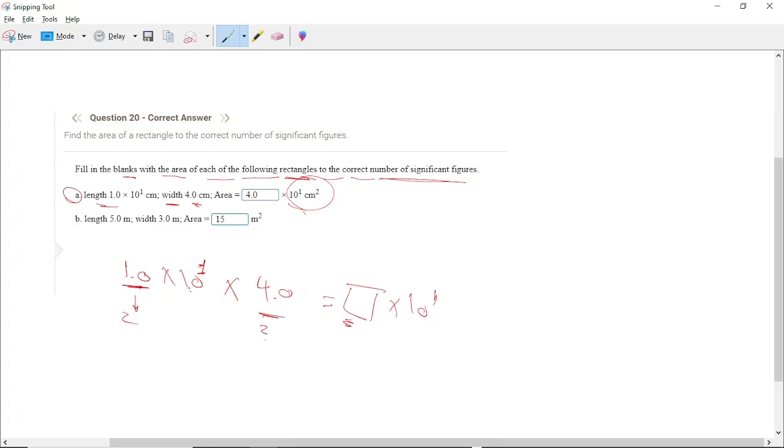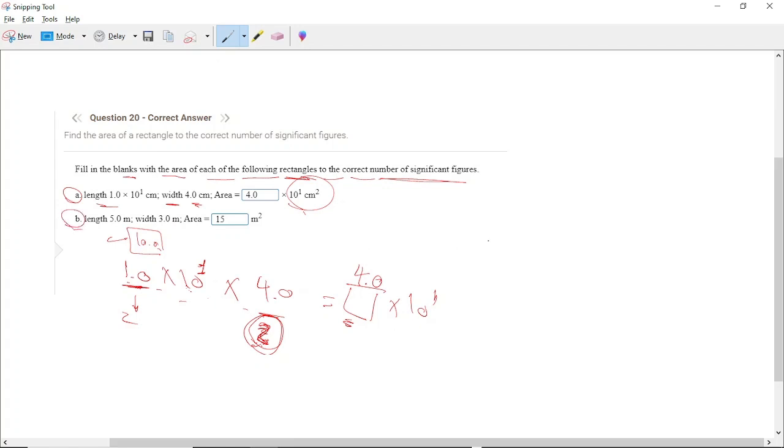Even if I multiply 10 with 1, it will be 10. So I'm going to use the least significant figures from these two numbers. Here the answer is 1 multiplied by 4 is 4, and he needs two significant figures, so it will be 4.0.